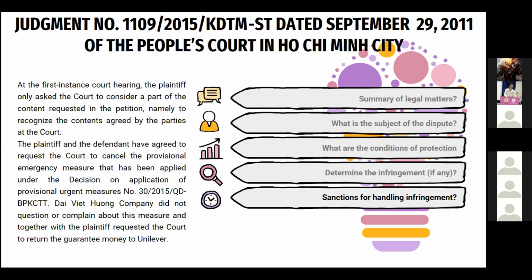The plaintiff and the defendant have agreed to request the court to cancel the emergency measures that have been applied under the decision on application of provisional emergency measures No. 30 of 2015.